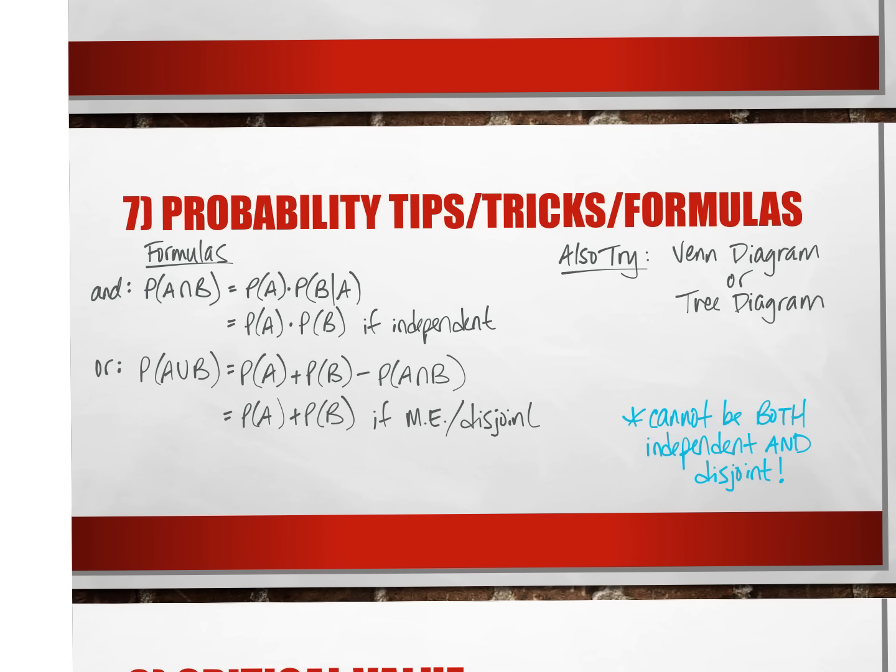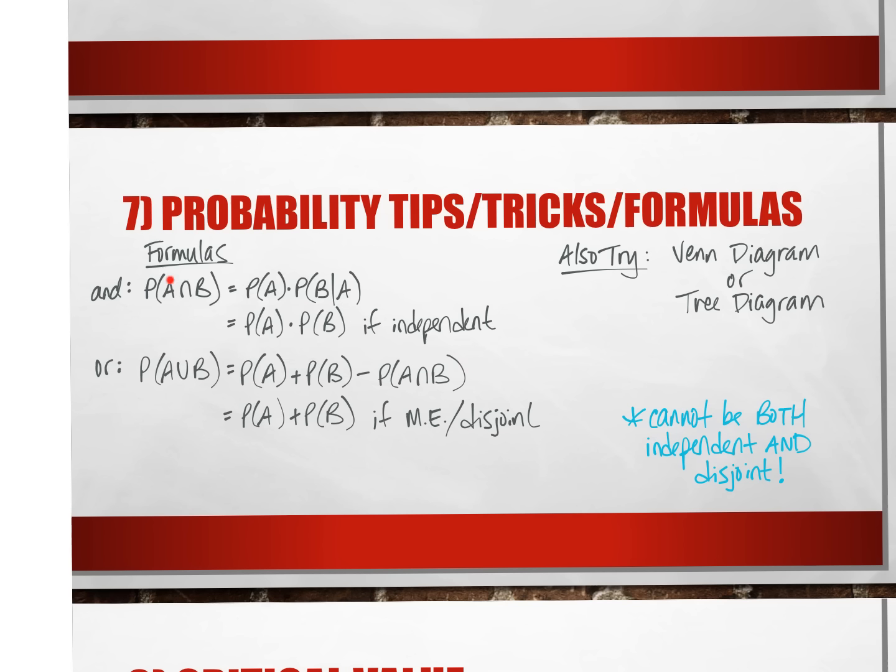Really quickly, to refresh your memory: if they are mutually exclusive or disjoint, remember how that means the probability of A and B is 0? That means nobody falls into the intersection of the Venn diagram, right? That's what mutually exclusive means. There is nobody that falls into both categories. You can't be both a sophomore and a junior. Therefore, this is 0.